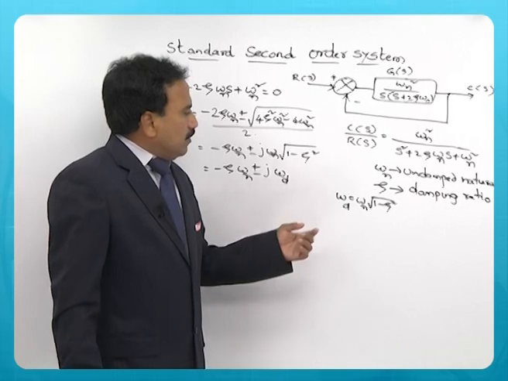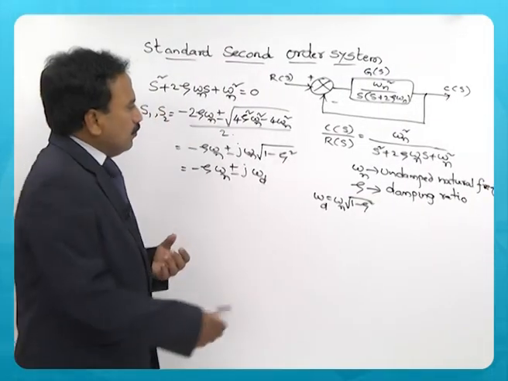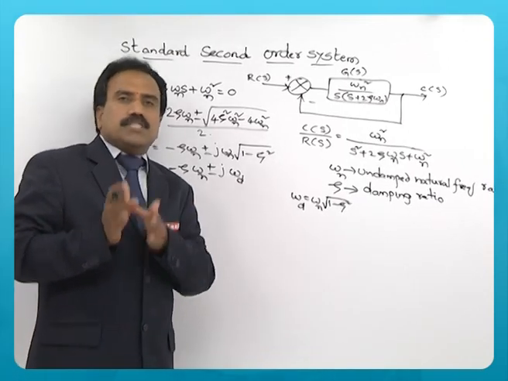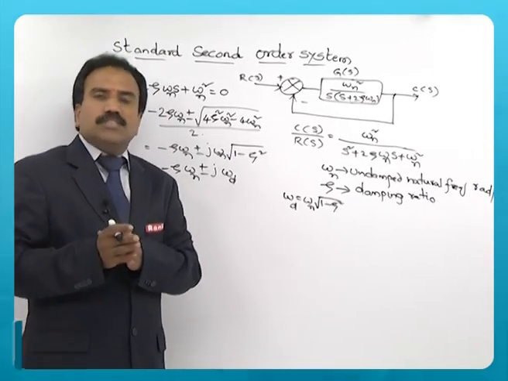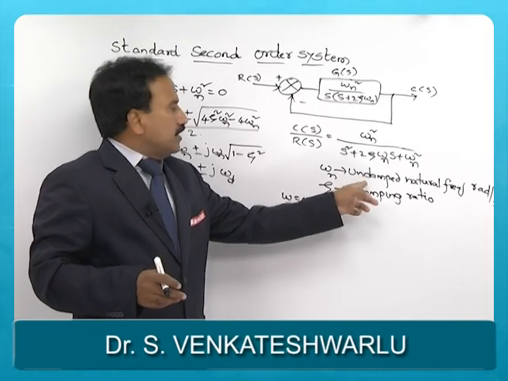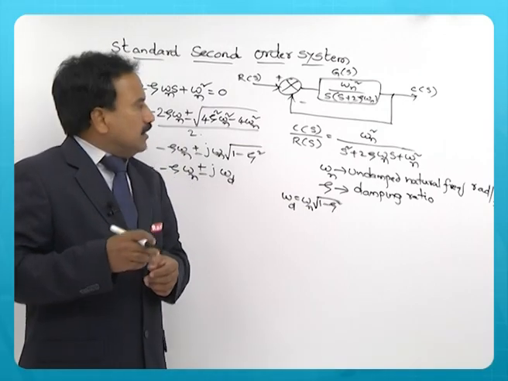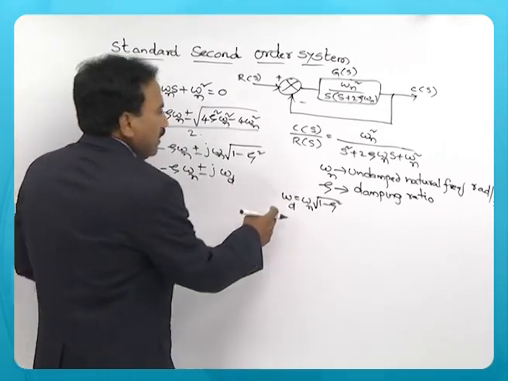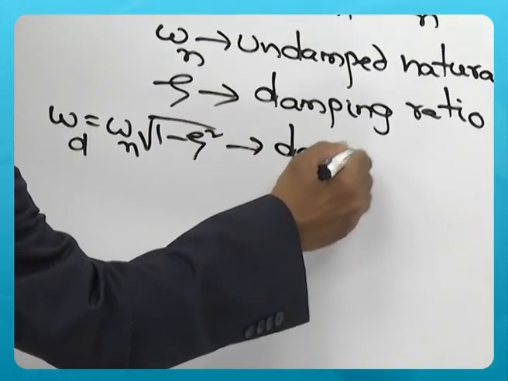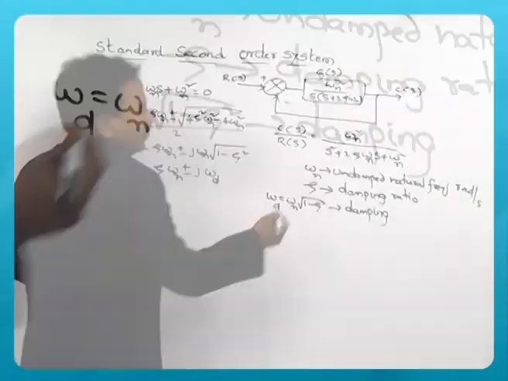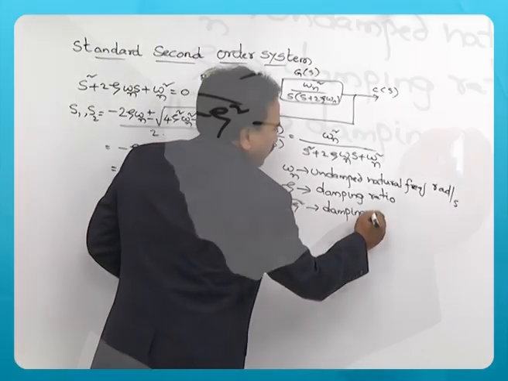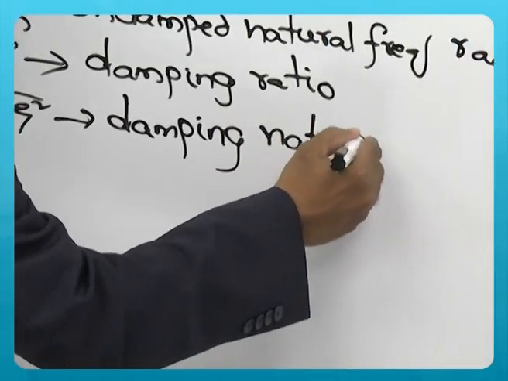So what exactly is omega d here? Omega n, I said, is the undamped natural frequency of the system. The system may have some oscillations without any damping factor, that's why it is called undamped natural frequency. Whereas omega d is known as damped natural frequency, because the damping ratio exists in the expression.